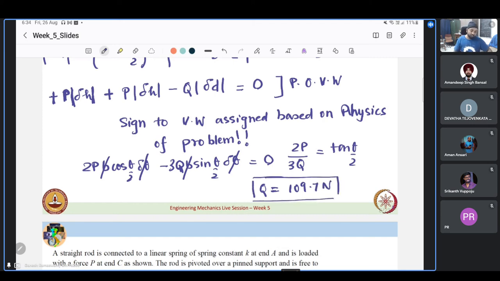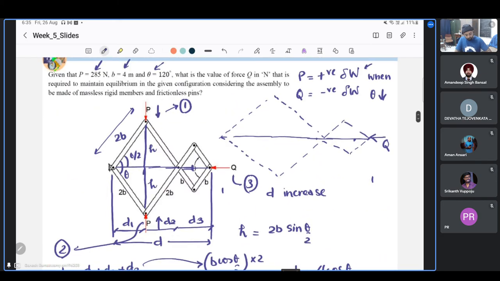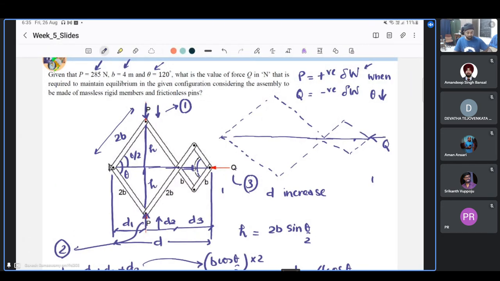So this tells us that for this configuration, if two forces of 285 are applied like that, and we have to maintain this theta at 120 degrees, then Q which should be applied has to have a magnitude of 109 newtons. So this is what the problem tells us by solving it by virtual work.